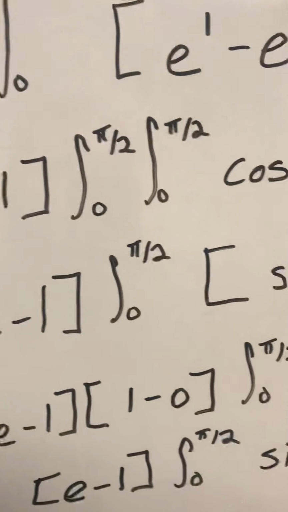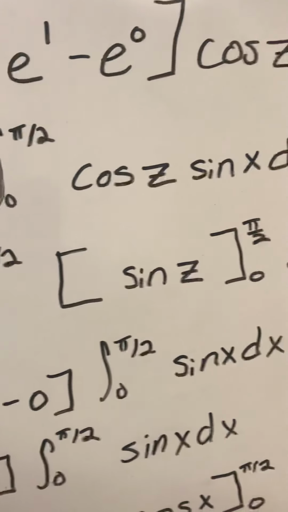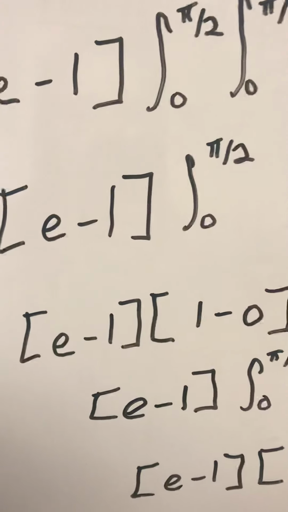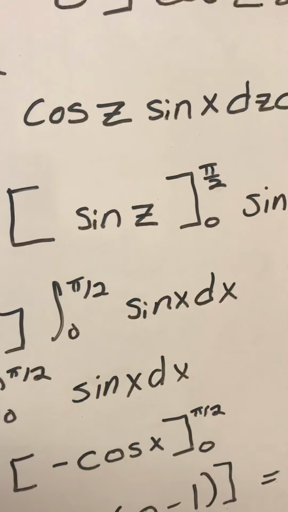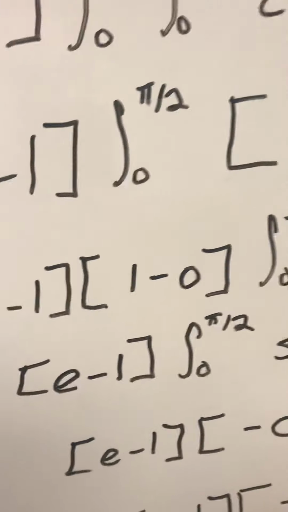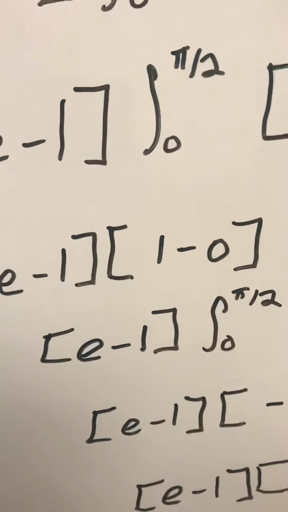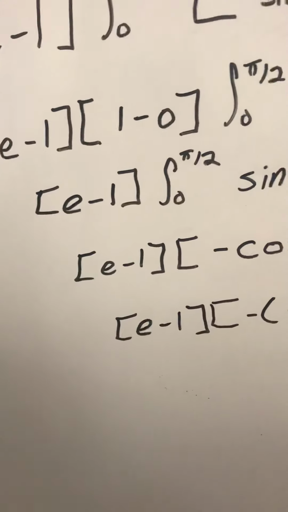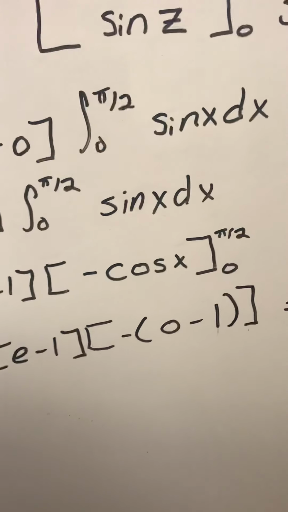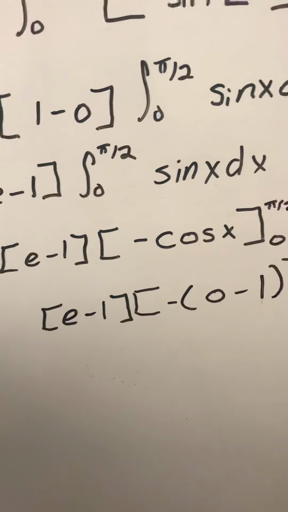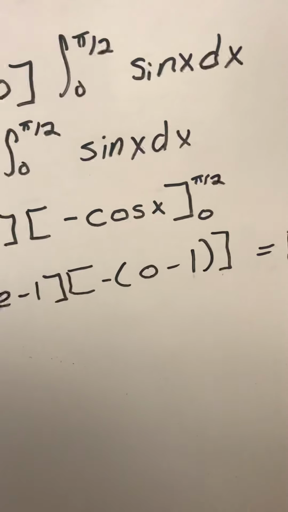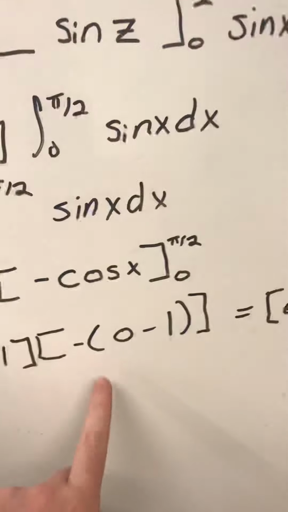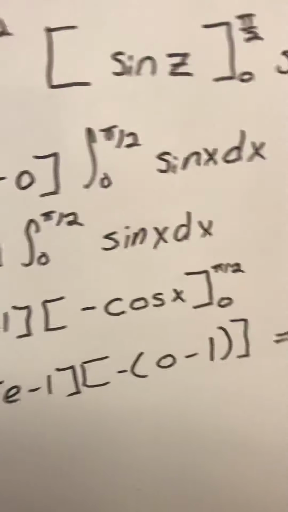So we have e to the 1 times the single integral from 0 to pi over 2 of sine z evaluated from 0 to pi over 2 times sine x dx, which gives us e to the 1 times 1 times the integral from 0 to pi over 2 of sine x dx, which is just simplified as e to the 1, or e minus 1, times the integral from 0 to pi over 2 of sine x dx, which gives us e minus 1 times the negative cosine of x from 0 to pi over 2, which gives us e minus 1 times a positive 1, which is e minus 1, because right here we have a negative 1, which is positive 1.